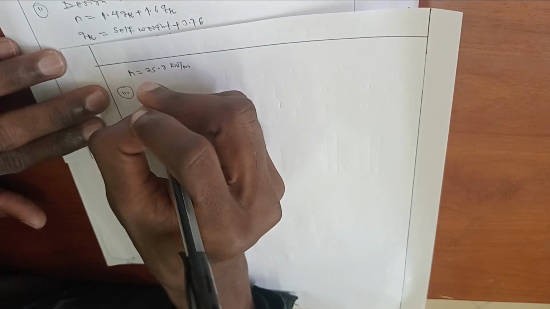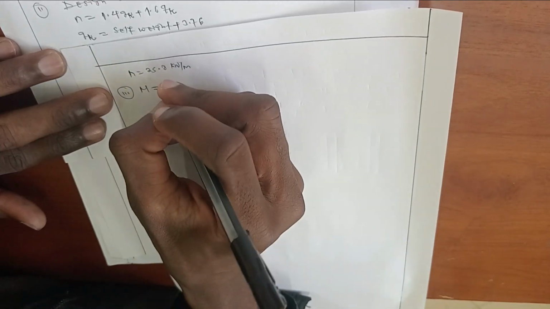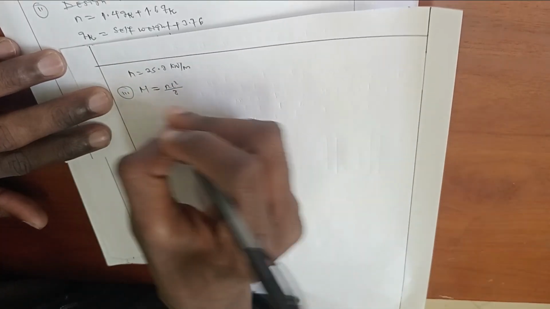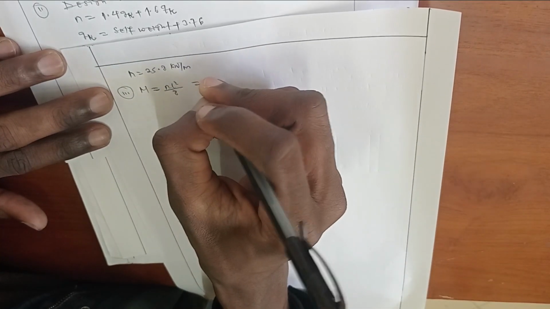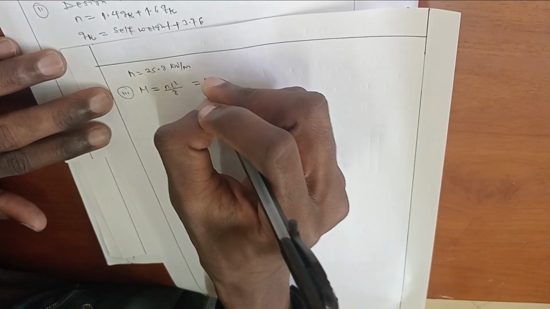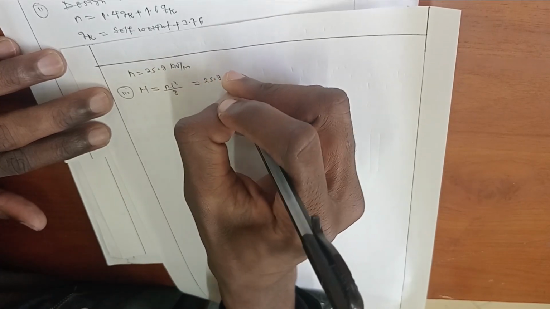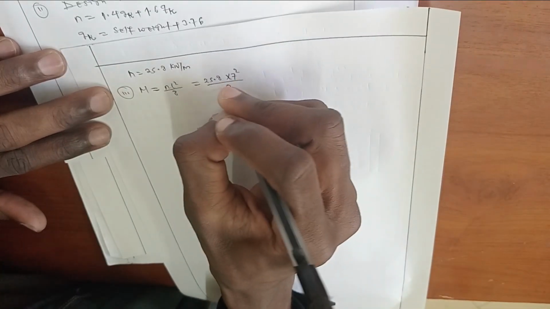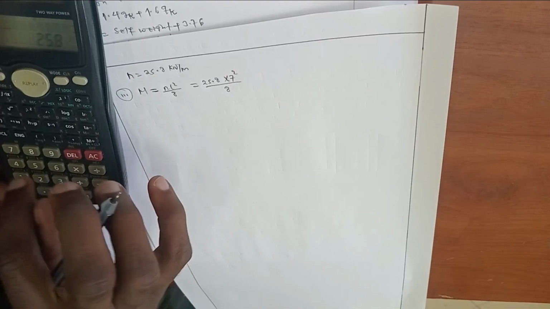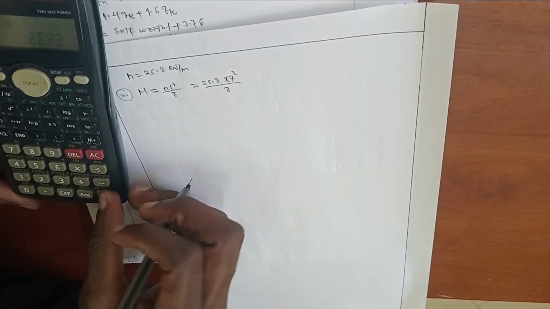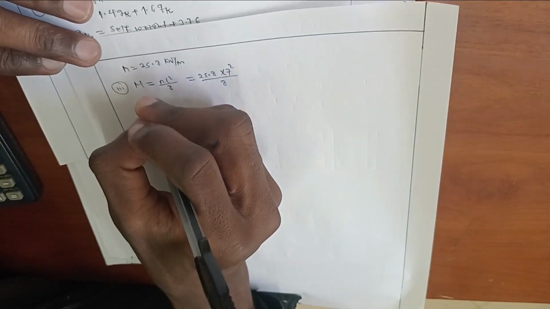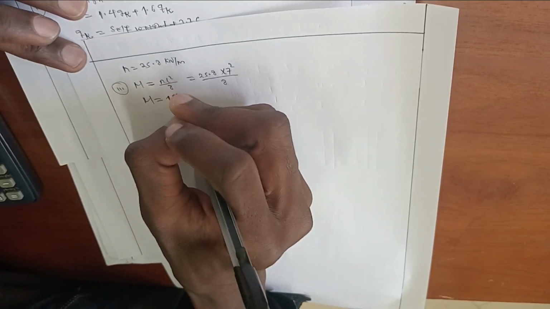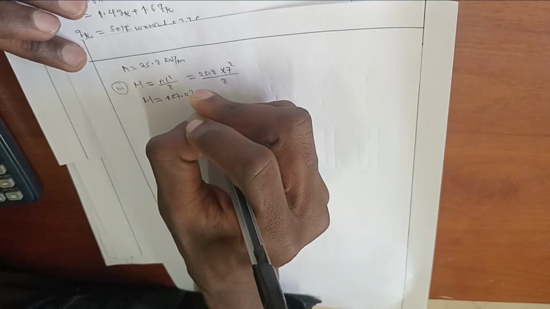Maximum design moment for a simply supported beam is given by nL square divided by 8. n, which is the design load, is 25.8, times L, which is 7, square, divided by 8. The maximum design moment is 158.03 kilonewton meter.